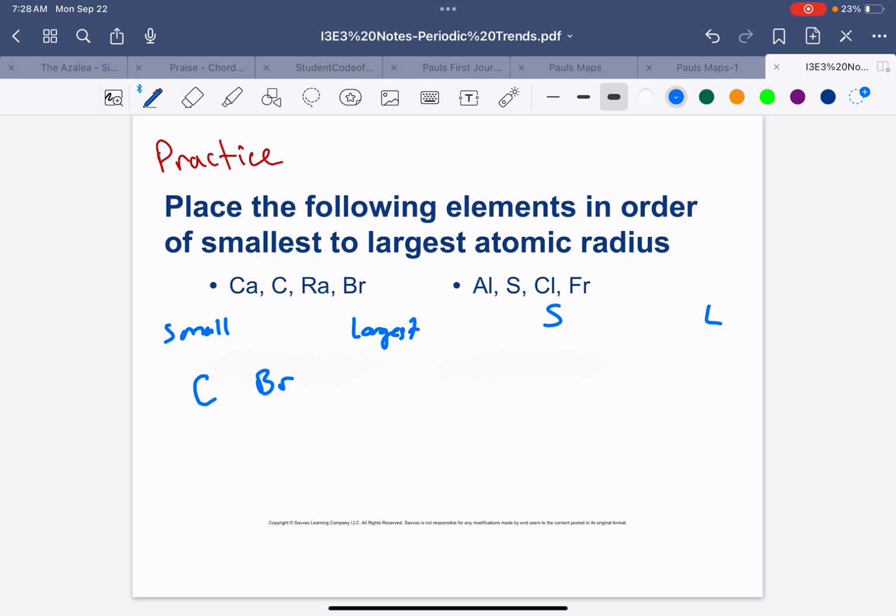And then we go far, far to the left with calcium, and then radium. Aluminum, sulfur, chlorine, francium. Well, we know francium is the biggest, so francium is going to get the largest. And then I think for smallest, the furthest up and to the right would be sulfur, and then chlorine, and then aluminum.